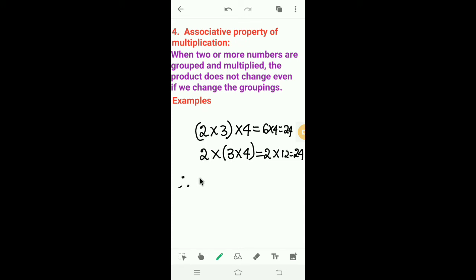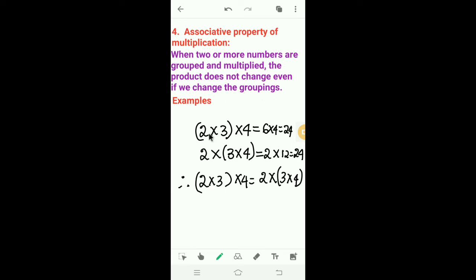Therefore, 2 into 3 into 4 is equal to 2 into 3 into 4. Associative property of multiplication means when two or more numbers are grouped and multiplied, the product does not change even if we change the groupings.